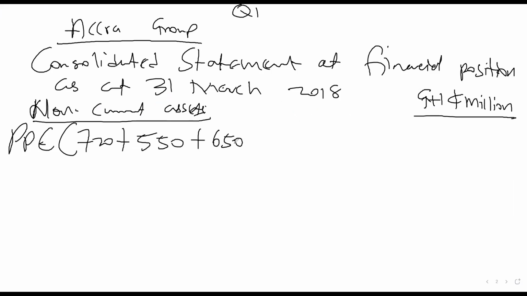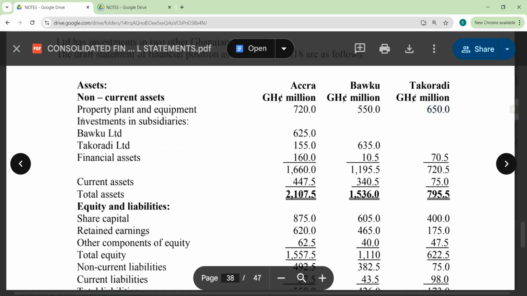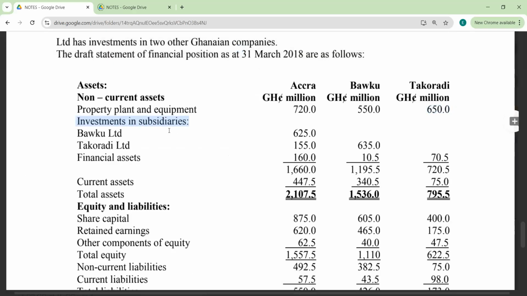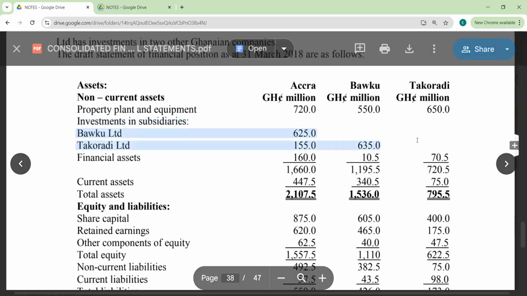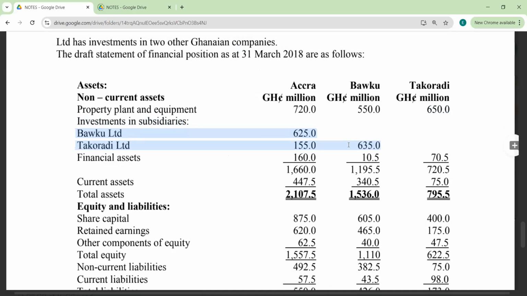Straight up. No shortcut in exams. Forget about the .00; when it's a decimal, you make it a point, then you move on. Time in exams is an essential commodity. Investment: once the examiner says investment in subsidiary, don't waste your time to consolidate. We don't consolidate investment in subsidiary. So these two investments in subsidiary should never be consolidated.